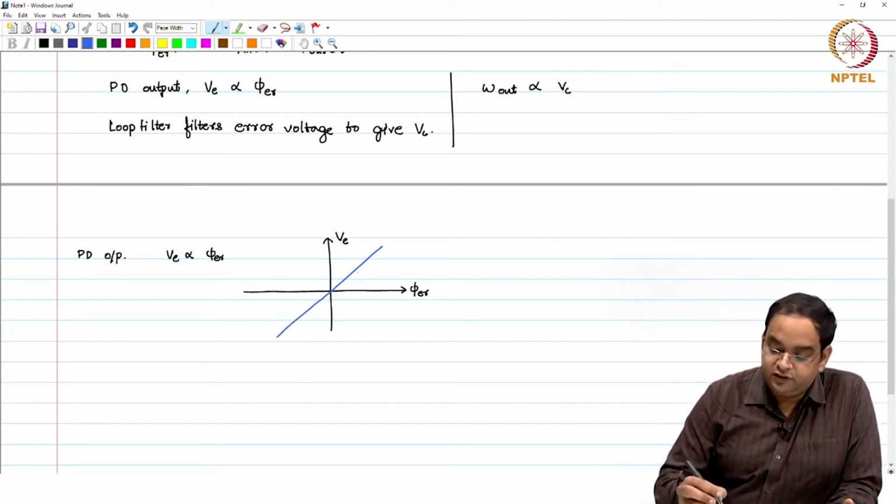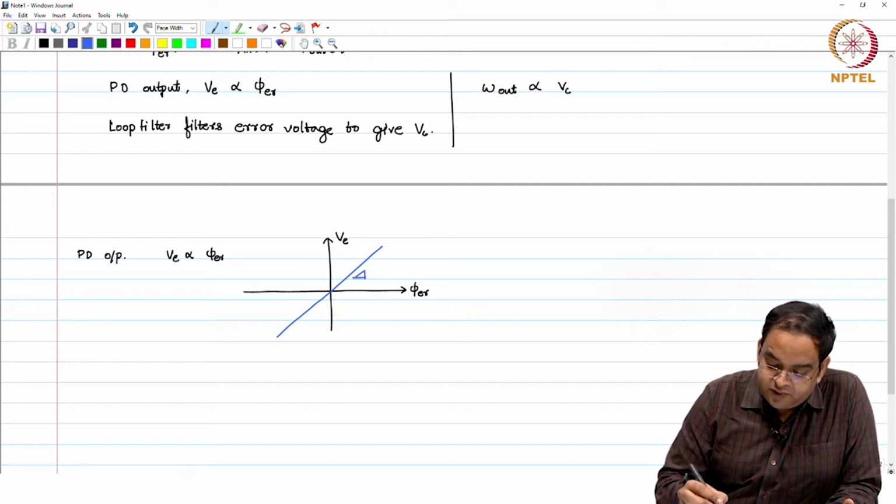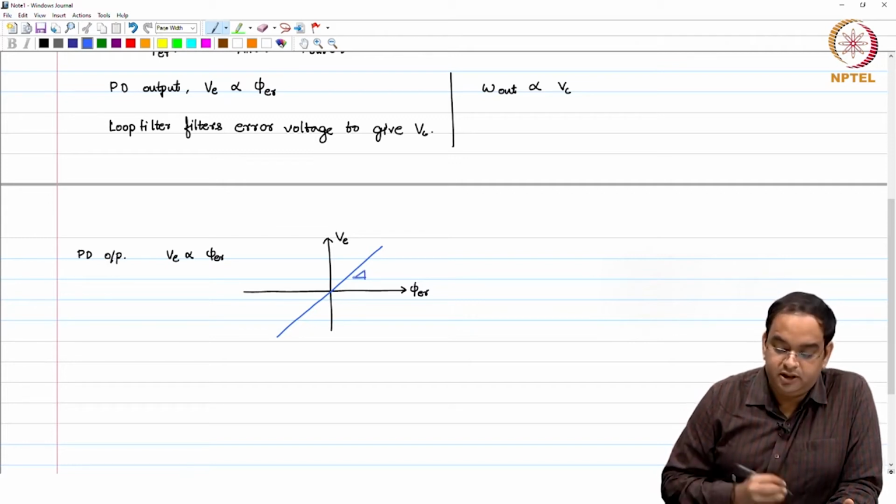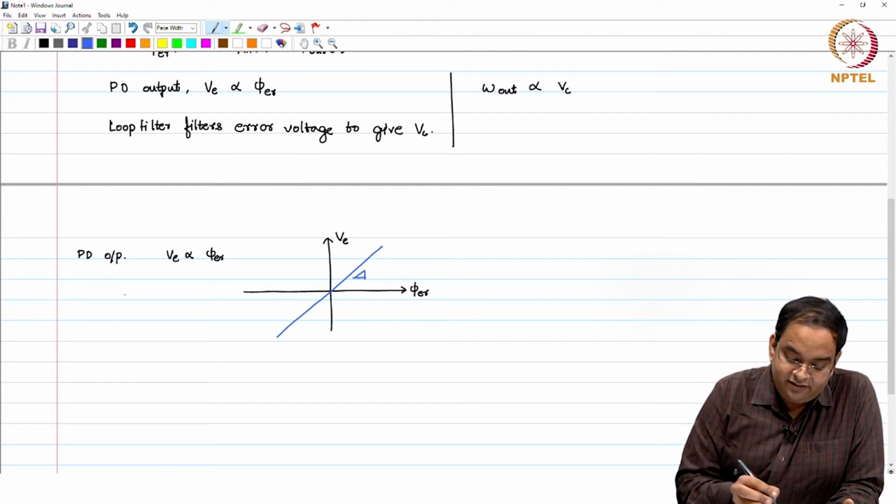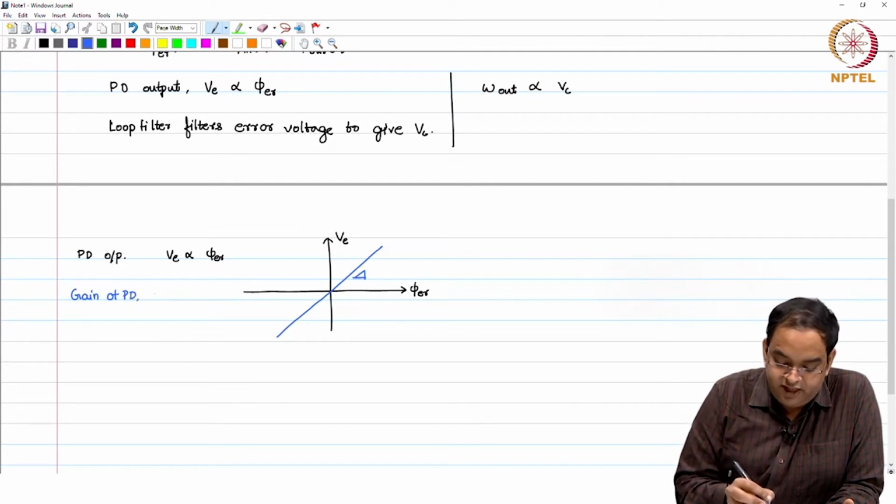The slope of this particular curve is defined as the gain of the PD, which you can define as KPD, and KPD is the derivative of V error with respect to phase error.